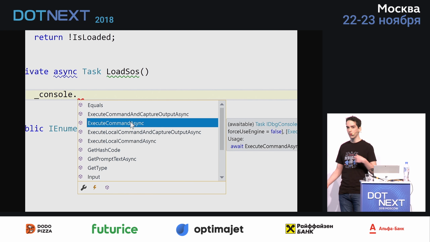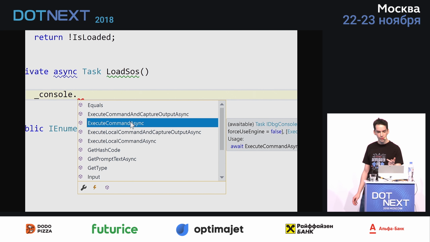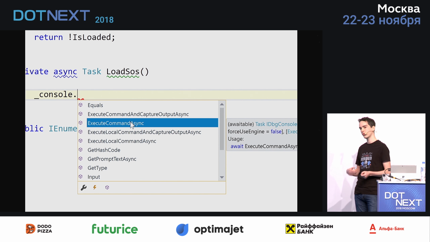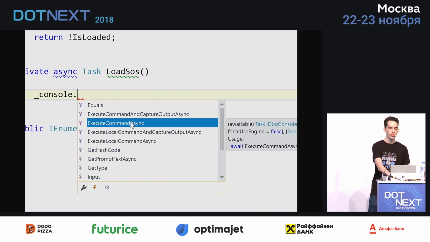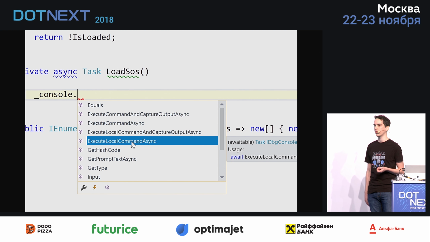Then if I type !dumpheap to dump the contents of the heap, likewise, it will be executed by the debugging engine. If you use ExecuteCommand, then the command is sent to the UI, which will try to execute it. And if it doesn't understand the command, it will forward it to the debugging engine. If you use ExecuteLocalCommand, then it is directly sent to the debugging engine.